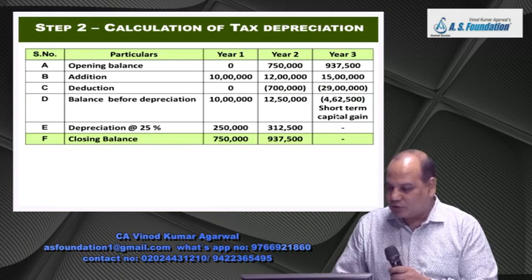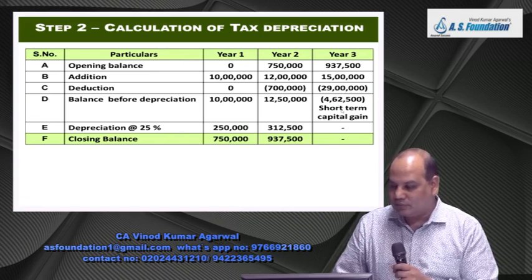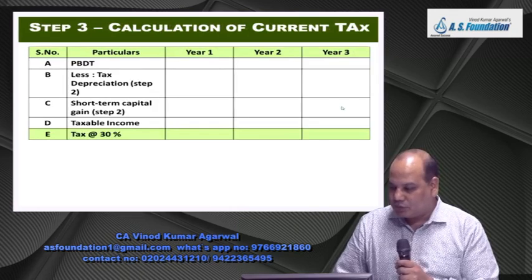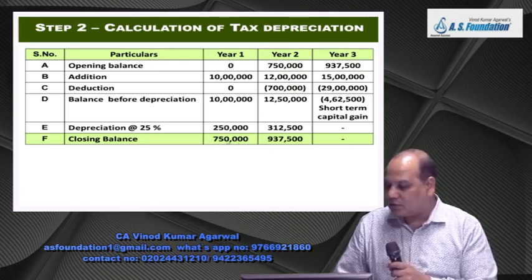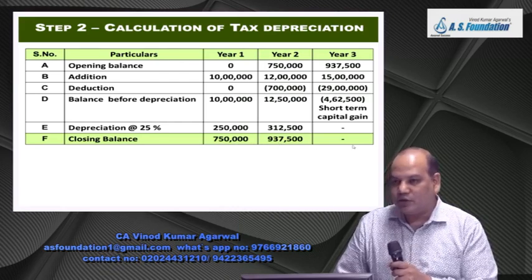So under the tax law, this will give rise to short-term capital gain. Why short-term capital gain? Because it's a depreciable asset. So 4,62,500. And this year, because the block of asset has come to an end, there is no depreciation, closing balance also 0. So this last line will give us tax base at the end of the year.